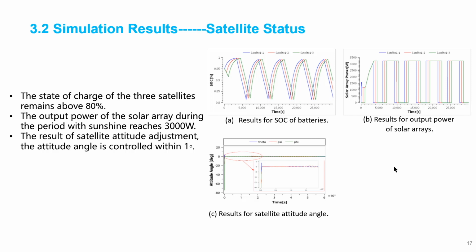Figure C shows the result of satellite altitude adjustment, the altitude angle is controlled within 1 degree.